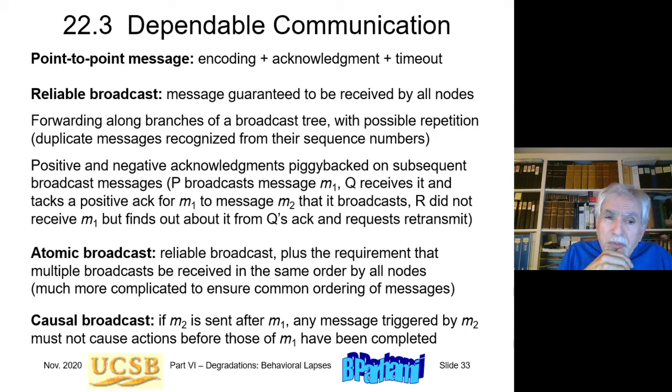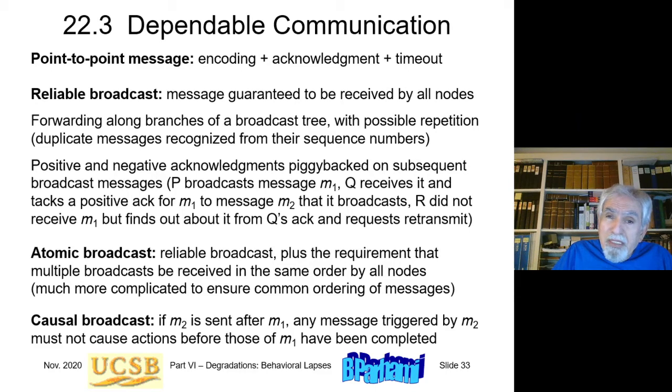Now, reliable broadcasts, we won't cover the atomic and causal broadcasts. Those are more advanced topics. A reliable broadcast is a broadcasting system in which a message is guaranteed to be received by all the nodes. So when I send a message in a distributed system to many nodes, these different copies of the message that go to different nodes can experience different latencies.